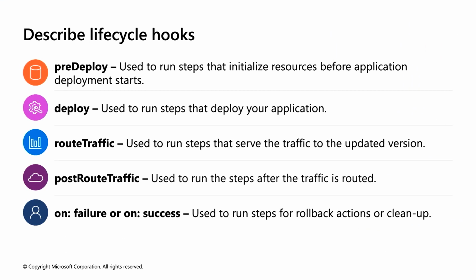Once a new version is ready, the routeTraffic hook directs user traffic to it, and the postRouteTraffic hook monitors the health of the updated version for the set interval, making sure that everything is running as expected. If something goes wrong or everything succeeds, the on-failure or on-success hooks kick in to handle the rollback actions or the cleanup, keeping our environment stable and tidy.